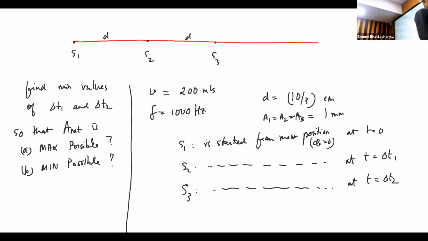Instead of starting the sources in synchronization, what we are doing in this part is starting the sources with a bit of delay. S2 is started with a delay of Δt1, S3 is started with a delay of Δt2.